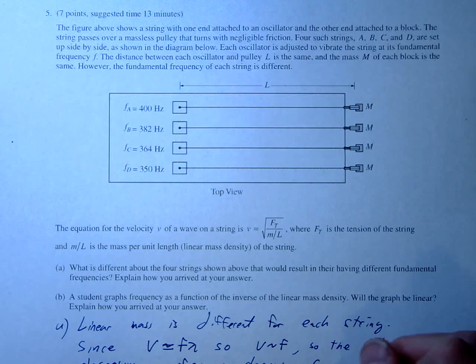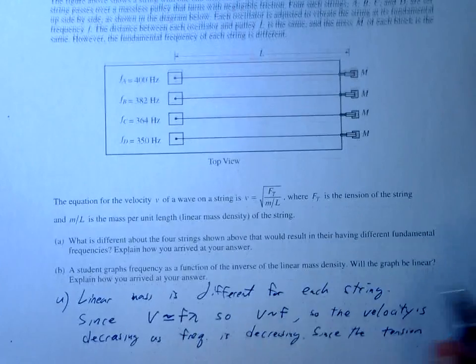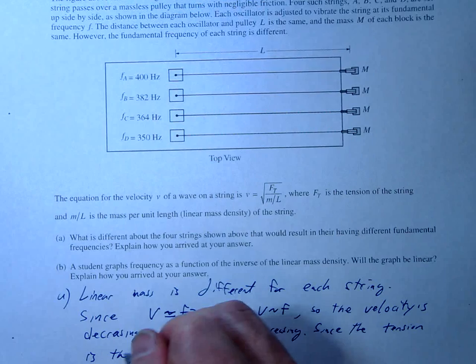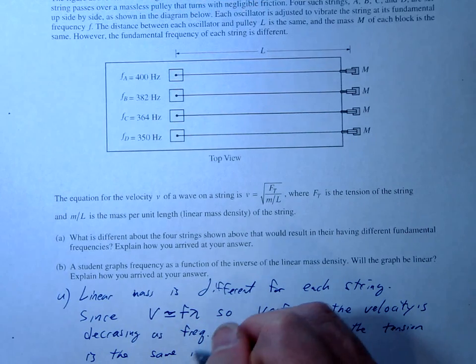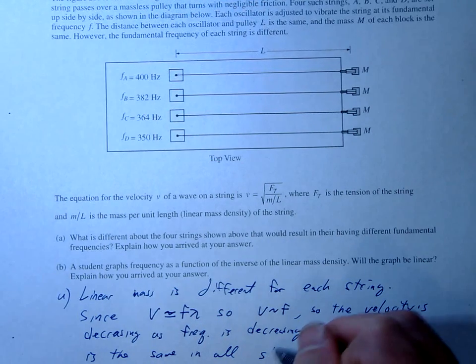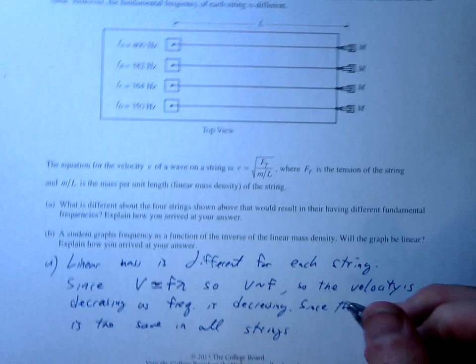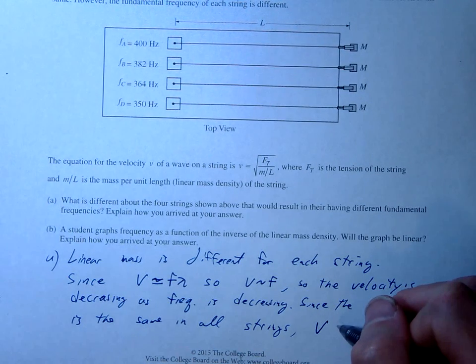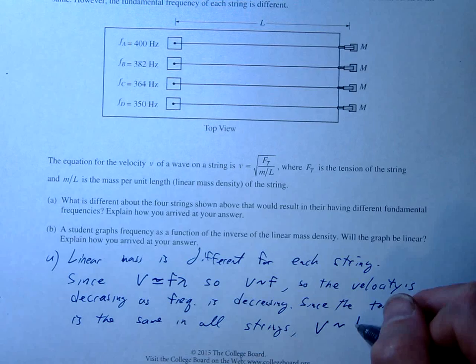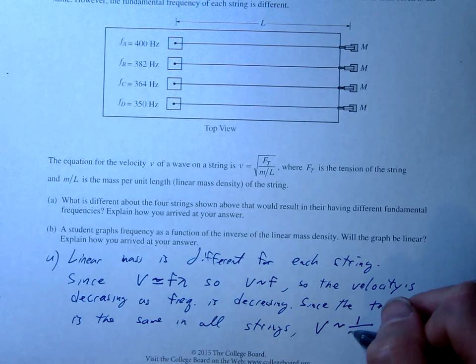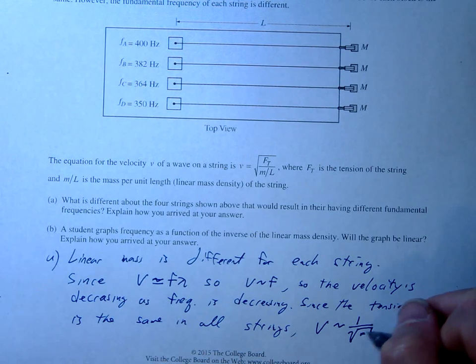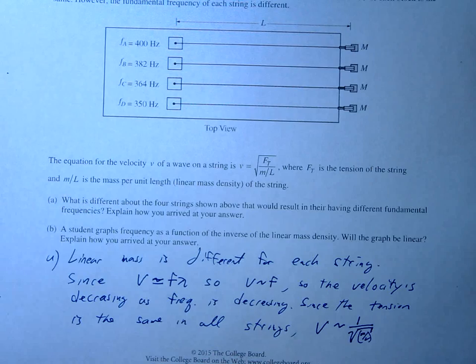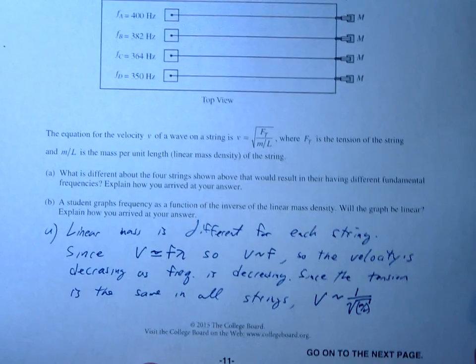Okay, since the tension is equal in all strings, then V is proportional to 1 over the square root of m over L, which is the mass density, right?